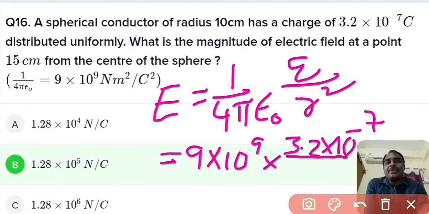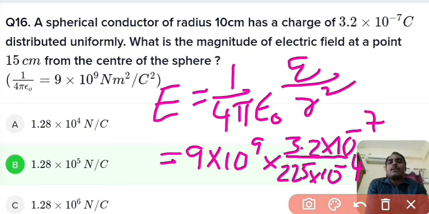Sorry, we need to find this electric field at a distance 15 centimeter. So 15 centimeter square is 225 into 10 power minus 4 in meters. If you calculate this, the total value will come 1.28 into 10 power 5 Newton per coulomb. B option is the correct one.